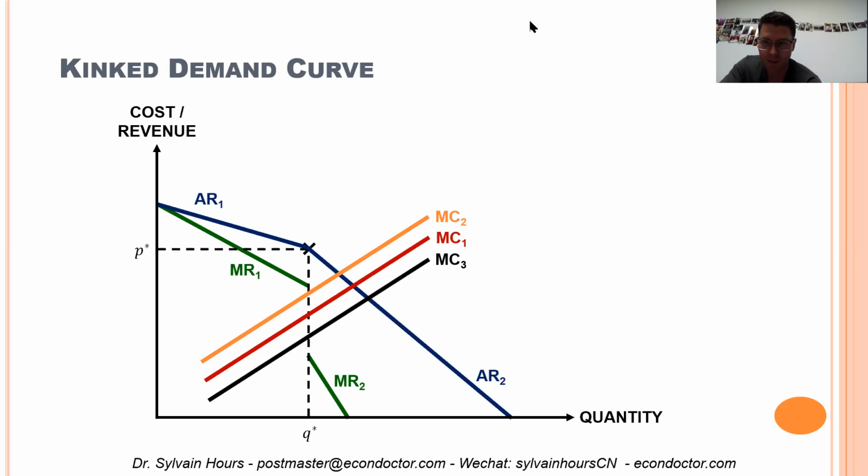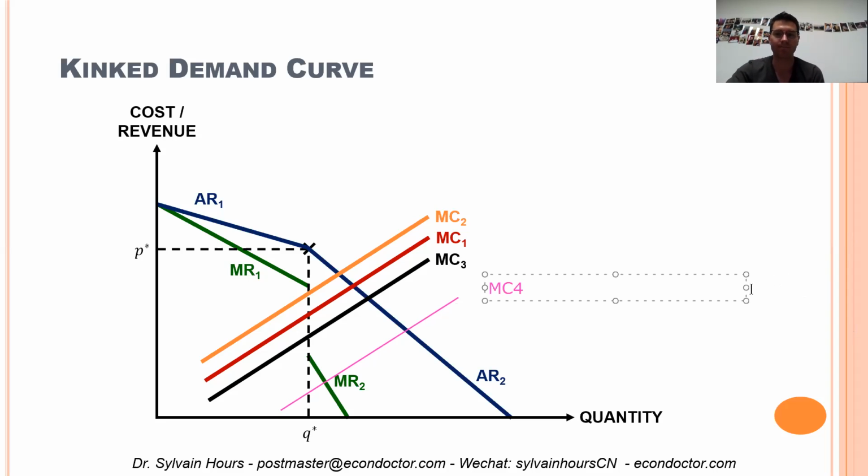So based on the example, MC4 is the optimum price and quantity for the firm to make profit. Yes, but what is interesting is that, you mean when I drew MC4 here, when I did something like that.